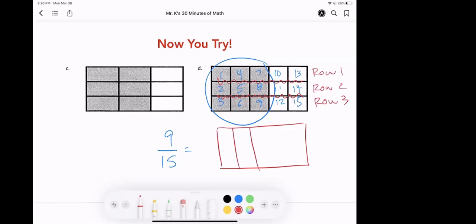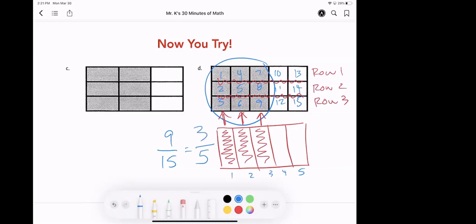And this piece is shaded, this piece is shaded, and this piece is shaded. So that matches up with this, this, and that. So now, instead of having 15ths, we have 1, 2, 3, 4, 5 pieces, which means we have fifths. And how many of them are shaded? 3 of them. 1, 2, 3.